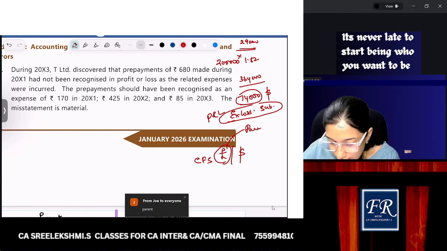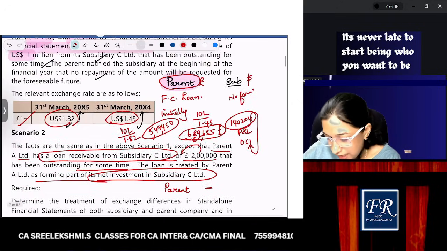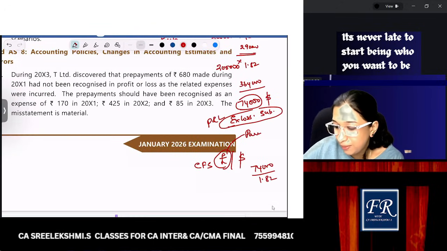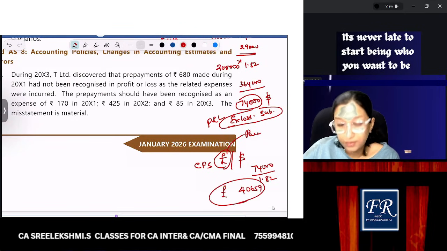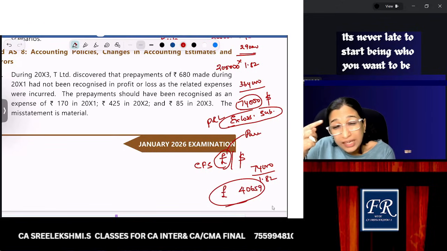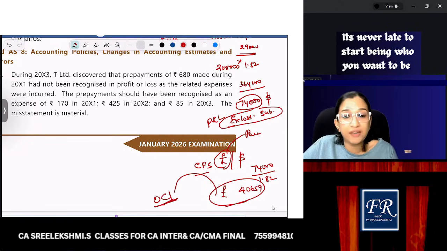So this is in dollar: 74,000 divided by the year-end exchange rate of 1.82 is 40,659 pound. The exchange loss was originally in P&L; it will be reclassified to OCI in CFS.